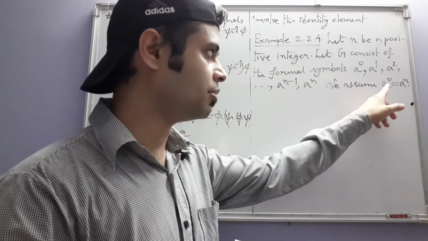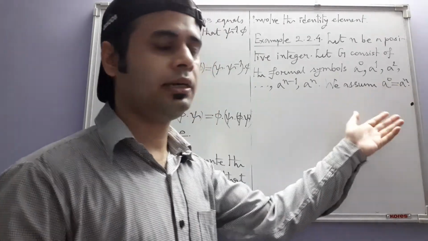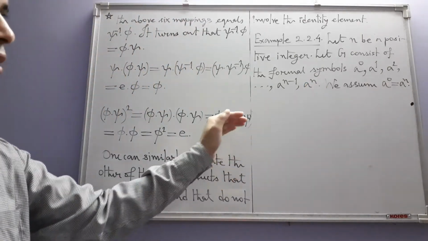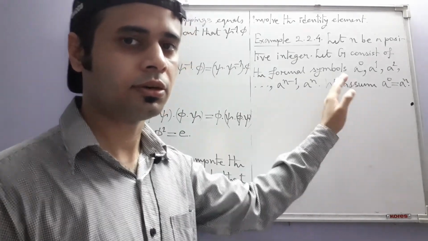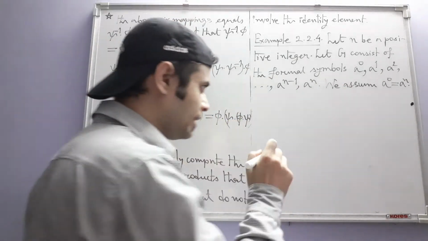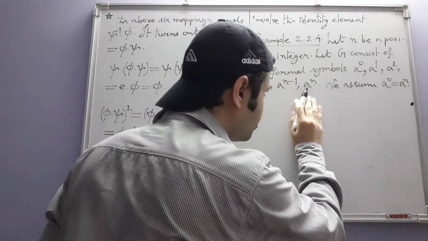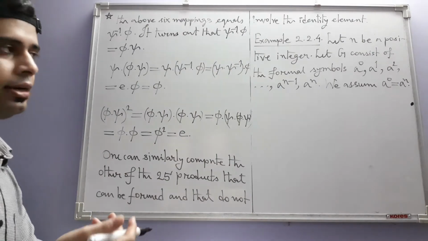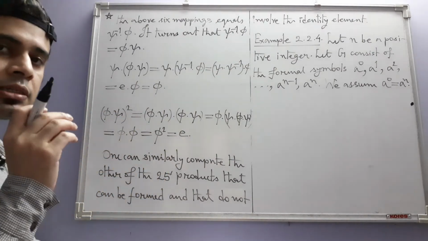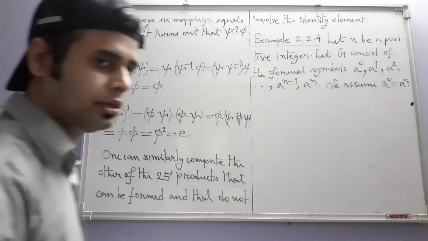You may ask me, what is the need for calling these two equal? Well, there is a need. It will become clear when we define the binary operation on G. Right now, what this equality means is that a to the power n and a to the power 0, if I choose to call them like that, actually mean the same abstract symbol. That's what I am additionally assuming here.